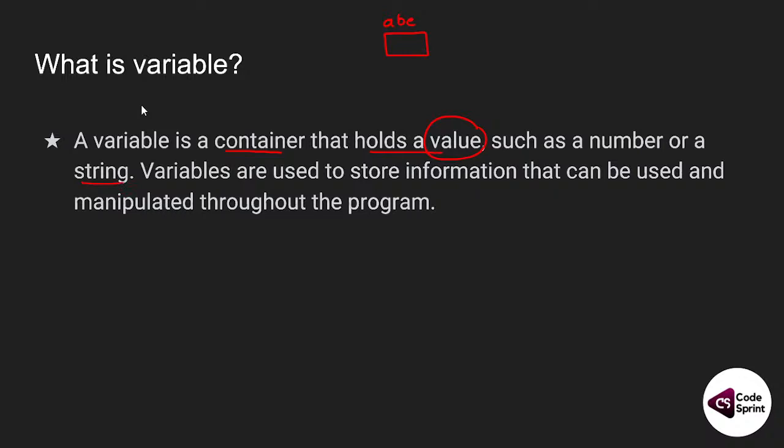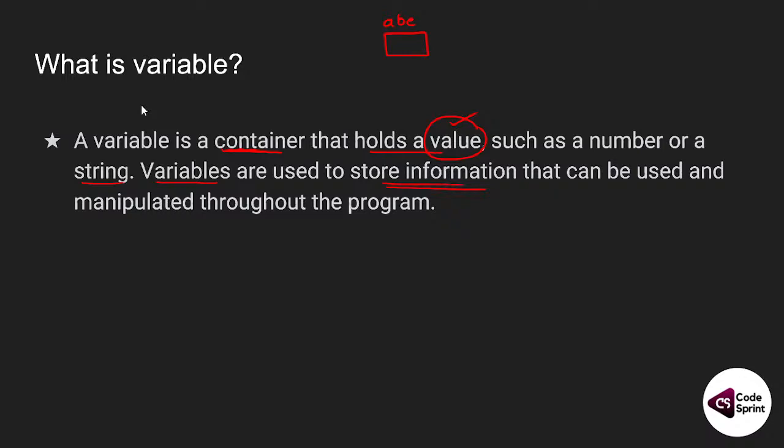Remember, it is a container which is going to hold a value. Variables are used to store information, just like we have discussed. It is going to hold the value, or we can say strings. Then it is going to store the information as well.